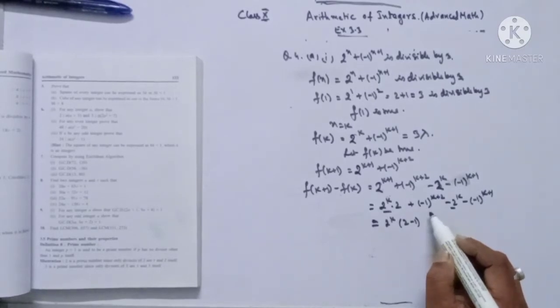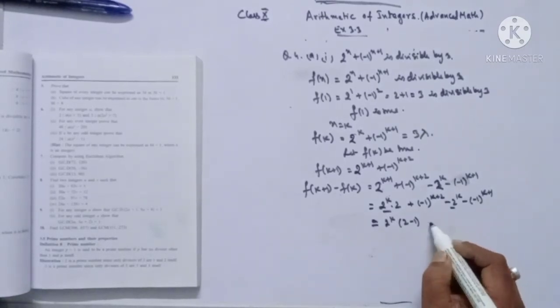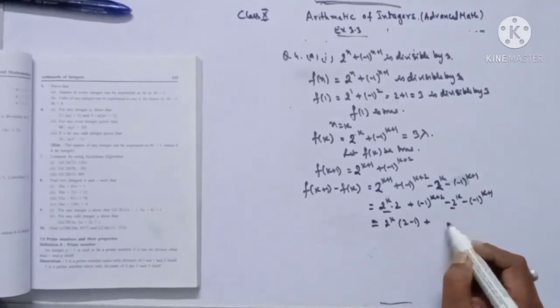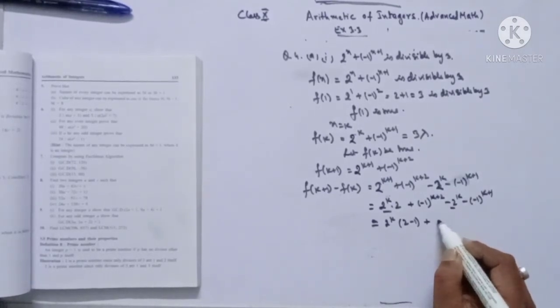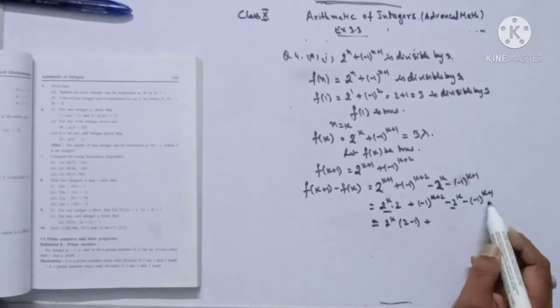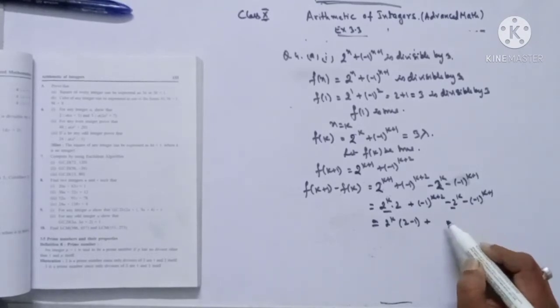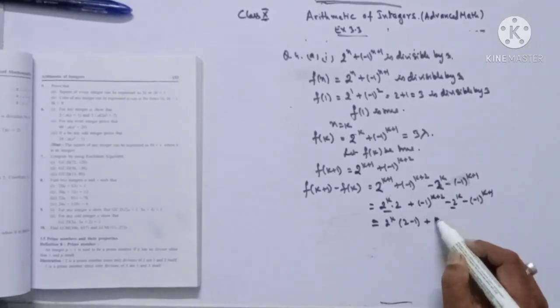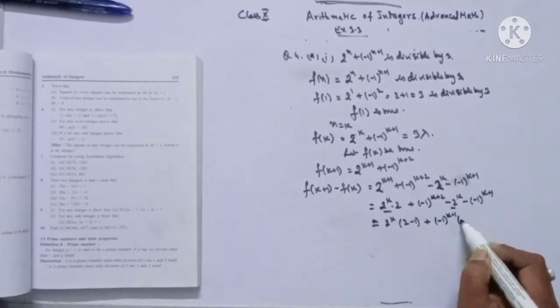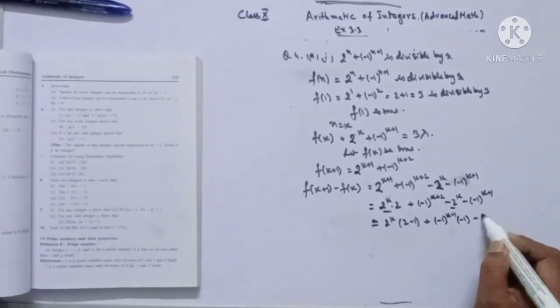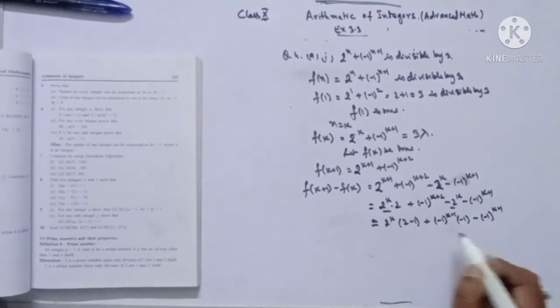Here again, if I take minus plus, the problem coming out here is that I can write this as minus 1 to the power of k plus 1 into minus 1 and minus 1 to the power of k plus 1.